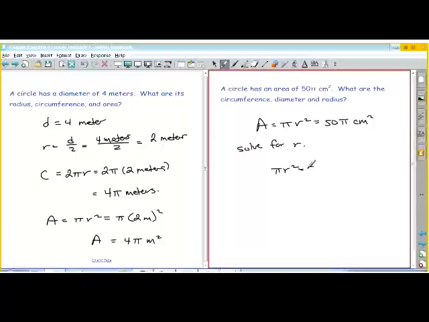So what we're going to do is take our original equality and divide both sides by pi.